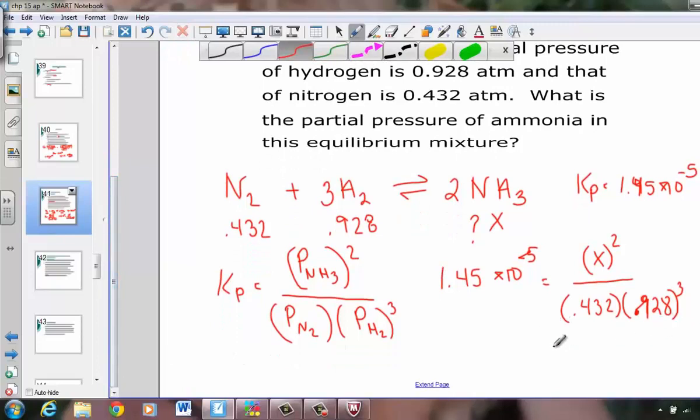So let's pull out our calculator here, and we're going to cross multiply and end up taking a square root to isolate our variable x.